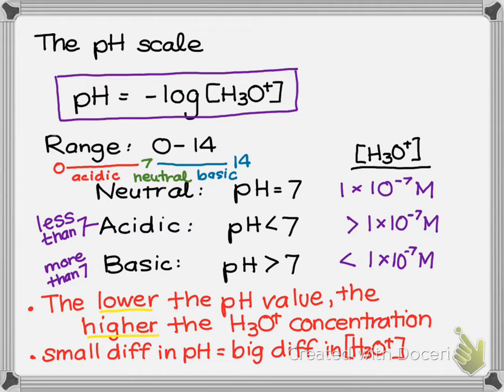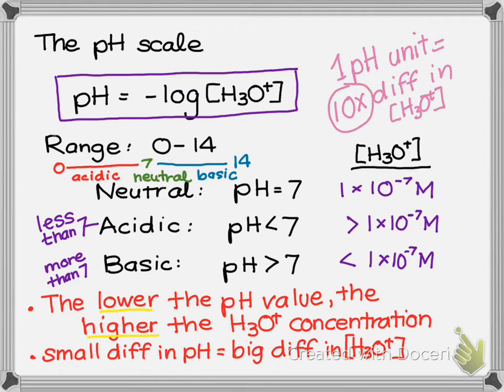The second thing is that a small difference in pH actually equals a big difference in the hydronium ion concentration. So 1 pH unit, like 5 to 6, or 6 to 7, equals a 10 times change in concentration of the acid.